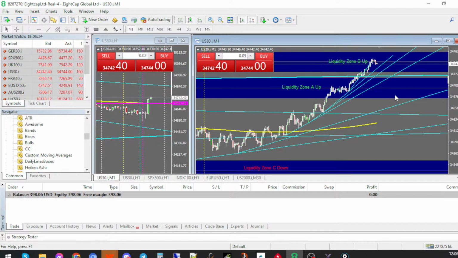You guys can see by looking at the bars, very small. So we can see price pulling back. Let's see if it breaks this current trend line. That'll be my second break, and I'll look to go short on that break.